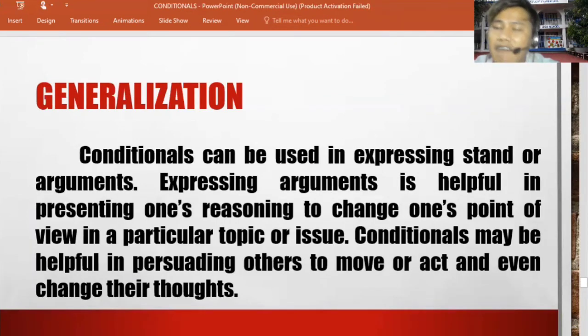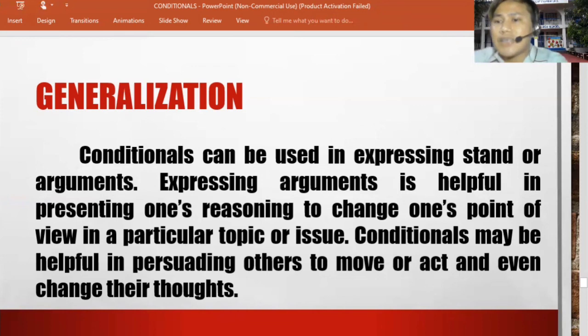Do we still have any more questions on the types we have discussed for today? If there are any, please put all your questions in the comment section. As for generalization, like what I have said about conditionals a while ago, conditionals can be used in expressing your stand or your arguments as an individual.